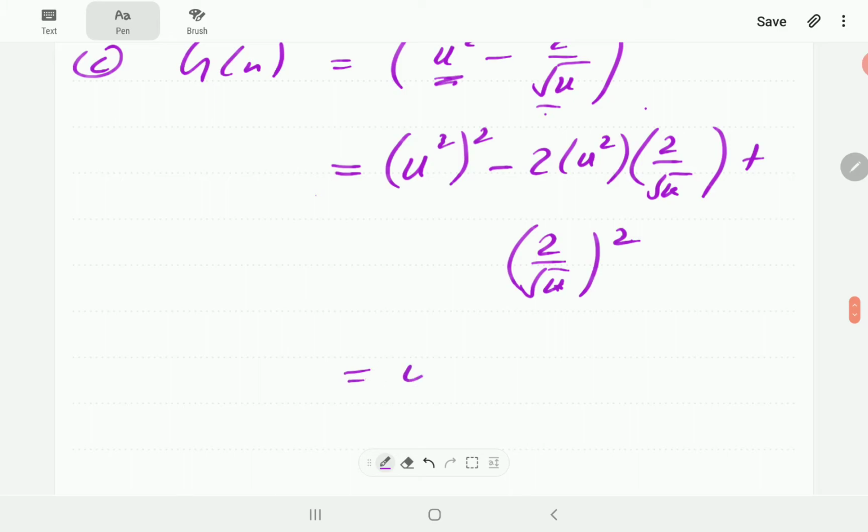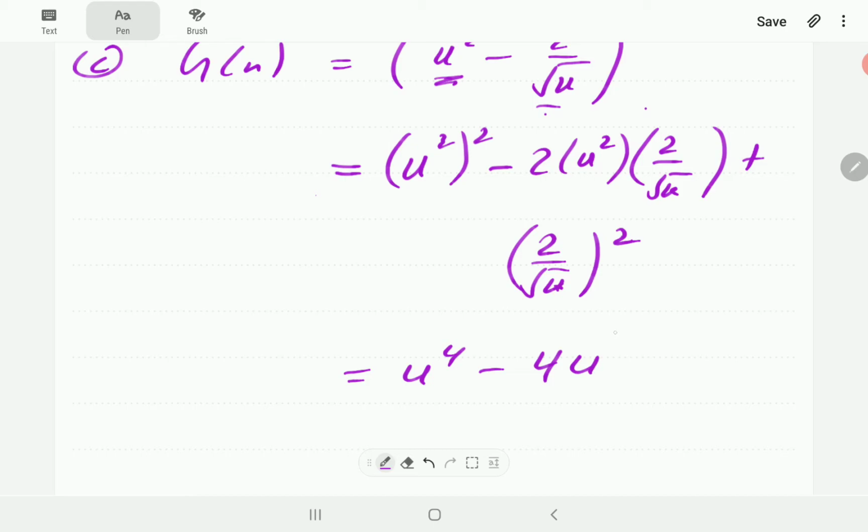And then simplifying this, the first term becomes u to the power 4. Second term becomes 4u, because we've got 2 times 2 there. So that's going to give us 4, then that's going to be u squared over square root u. Square root u is power half, so it's going to be 2 minus half.